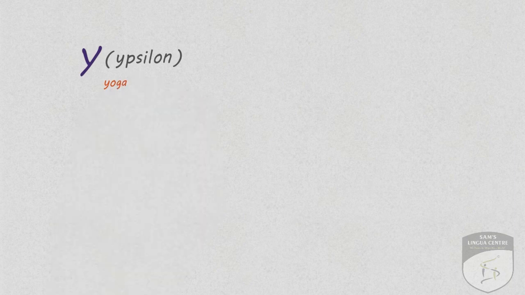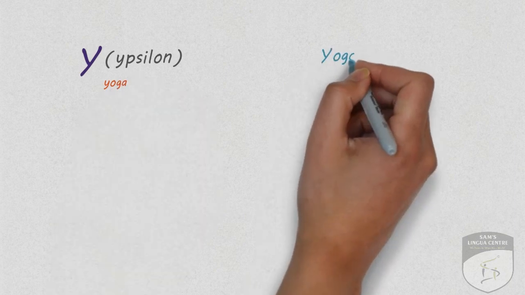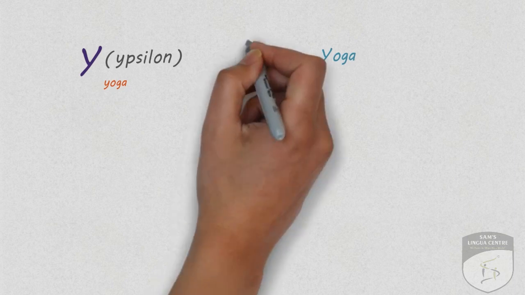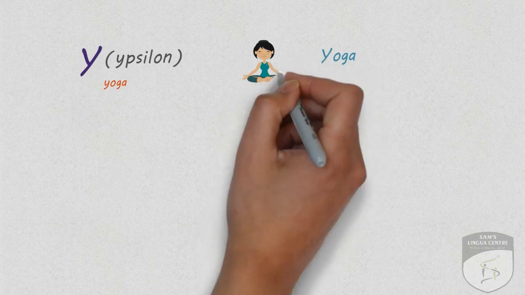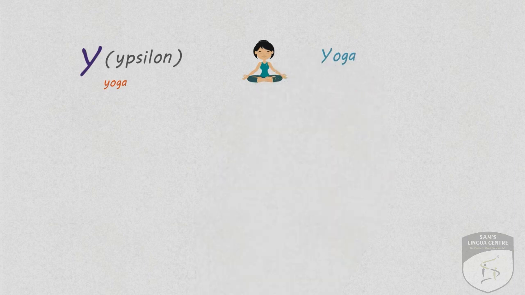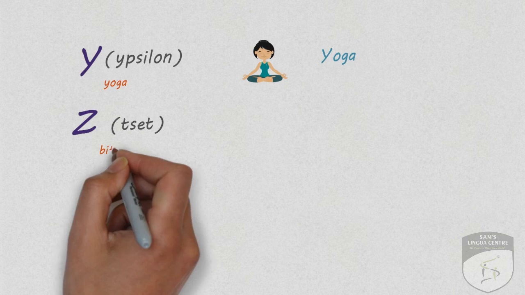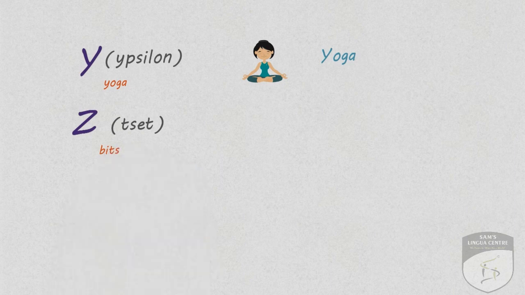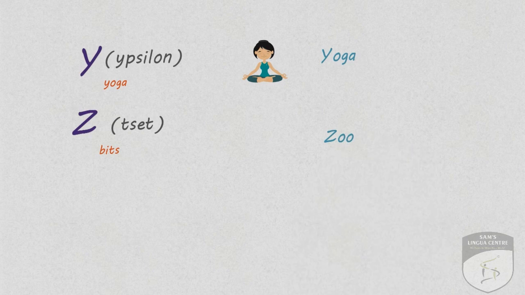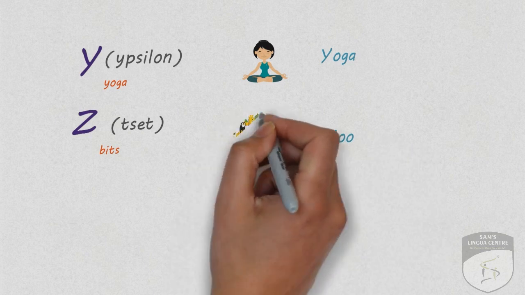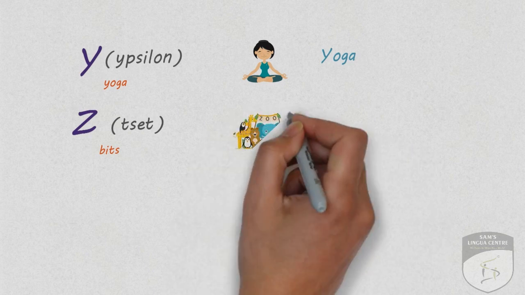In the German language we don't have that many words starting with the letter Y, but we also have the same word, Yoga. And the last letter is Z, which is pronounced like the TS in the word bits. Here we have the example of the word Zoo, Zoo, which means zoo.